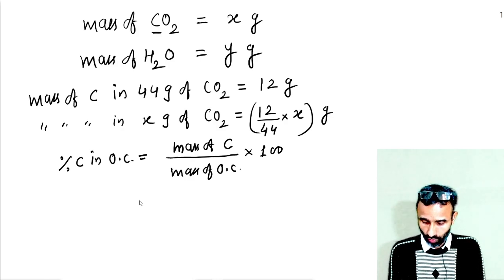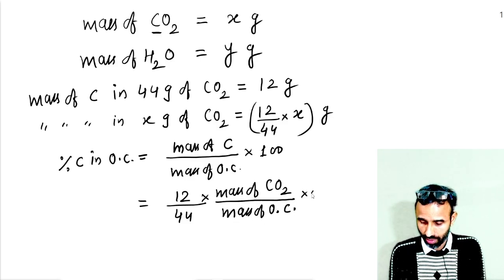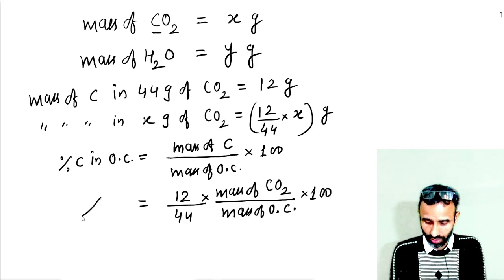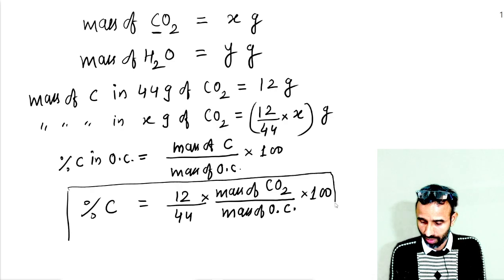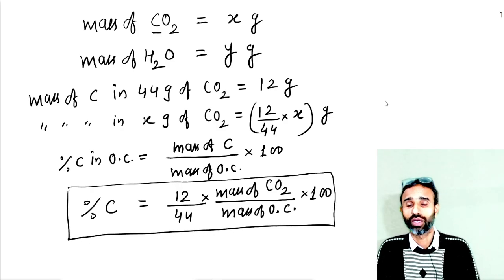So now the mass of carbon is 12 by 44 into mass of carbon dioxide, divided by mass of organic compound into 100. So in this way we can calculate the percentage of carbon in the organic compound.